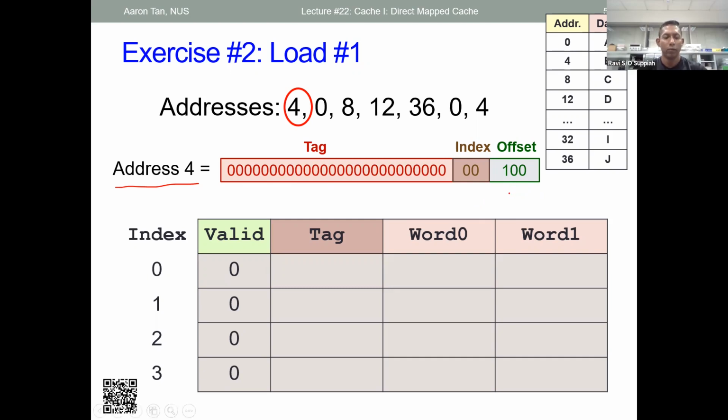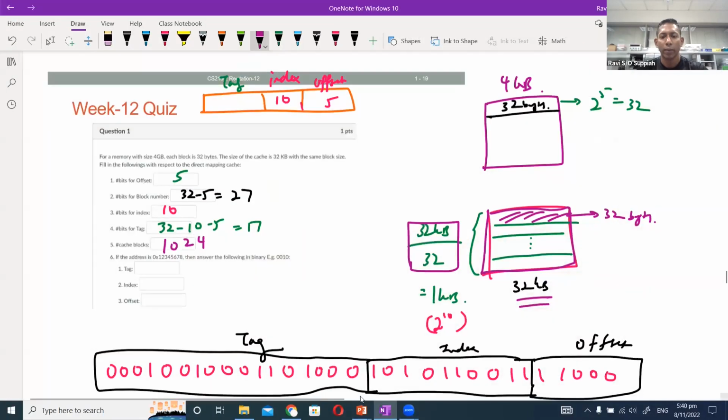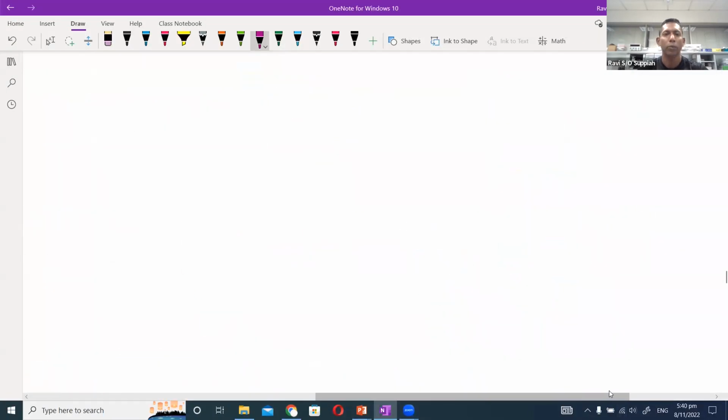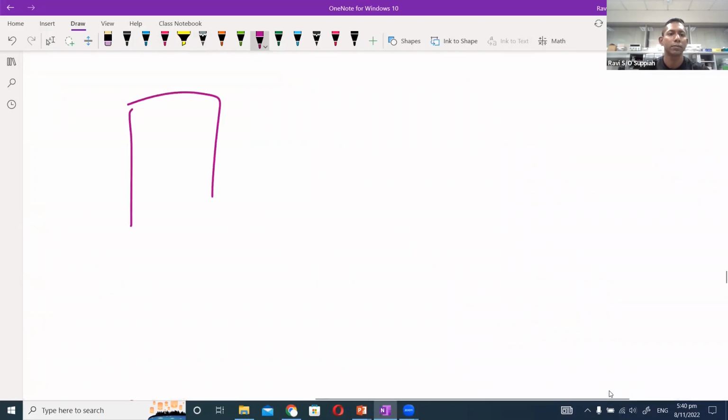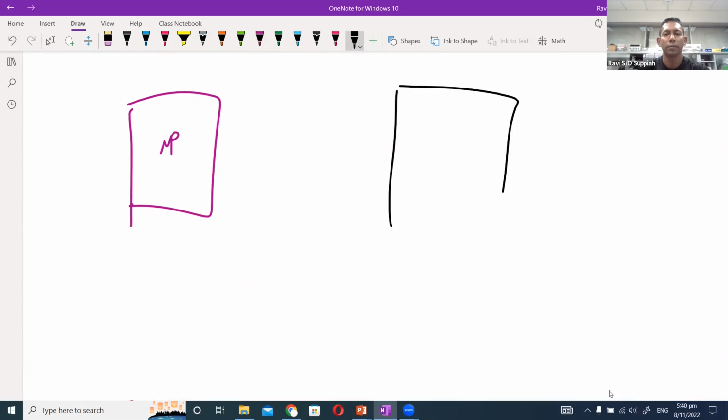When my processor wants to talk to my memory, there are a few different things, but the basic thing is I first need to tell it which memory location I want to get data from, correct?